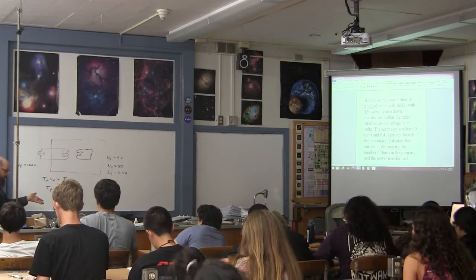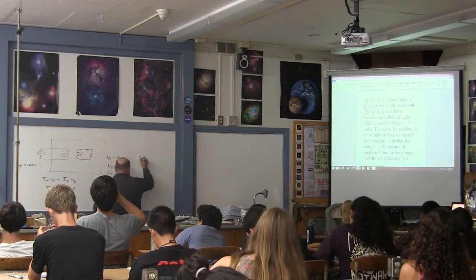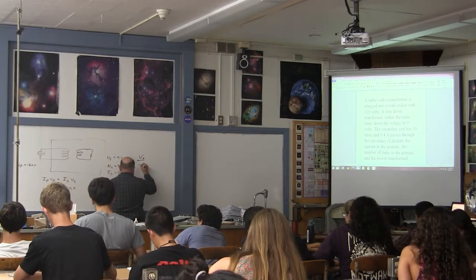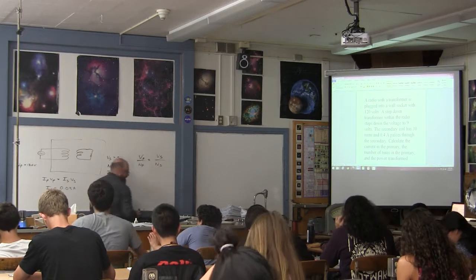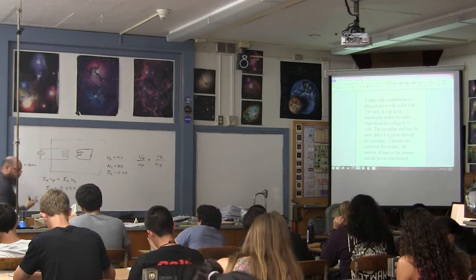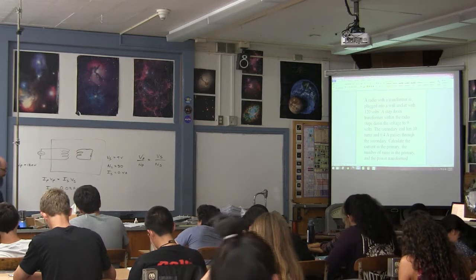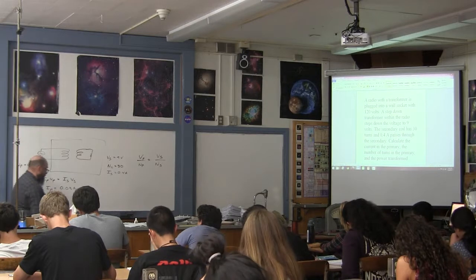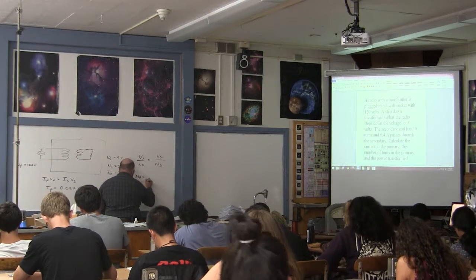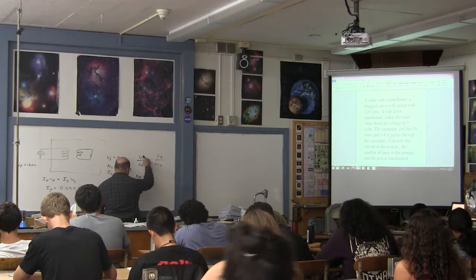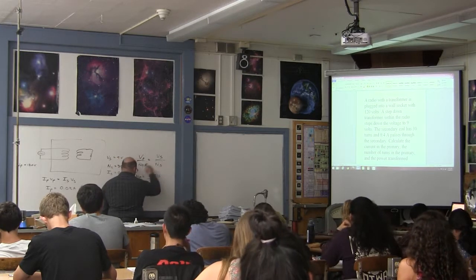Now calculate the number of turns. The number of turns is just the other proportion equation: V over N equals V over N, primary equals secondary. Solve for the number of turns in the primary. So just cross multiply: it's going to be this times this, and then divide by this.